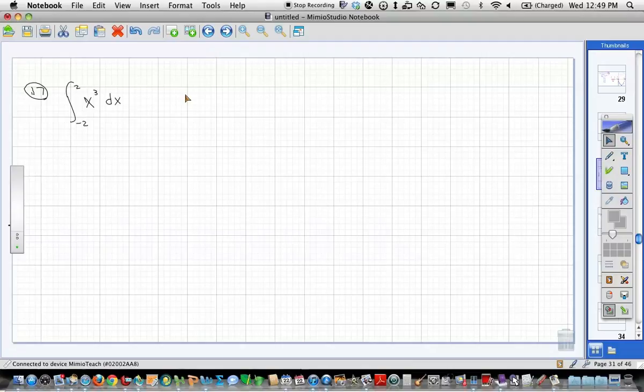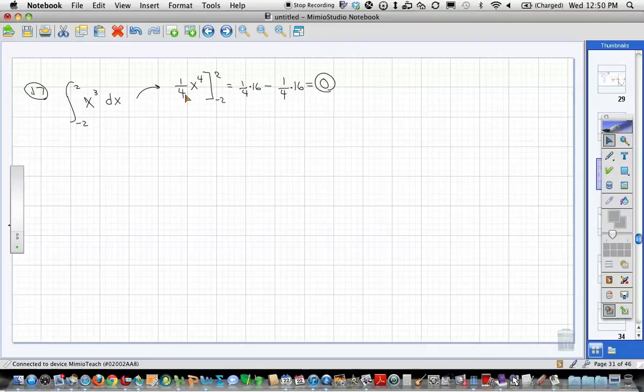So the fundamental theorem would get what? 1/4 x to the 4th from -2 to 2. So we put in a 2, we get 1/4 times 16 minus 1/4 times 16 equals 0.